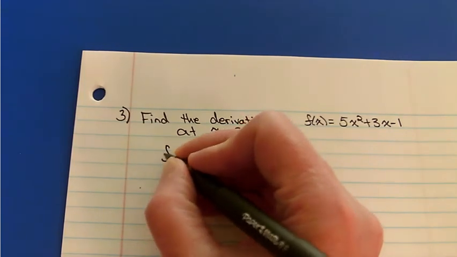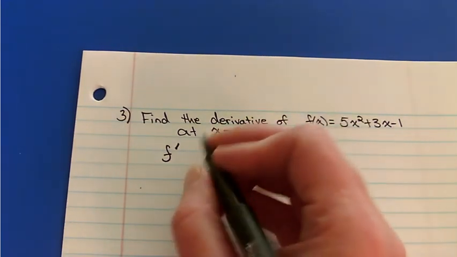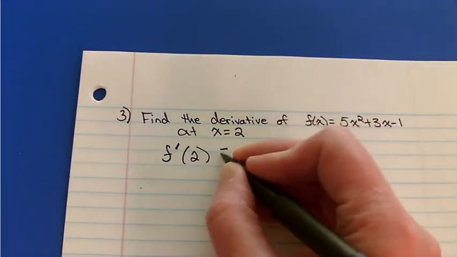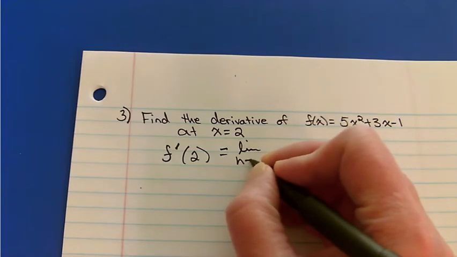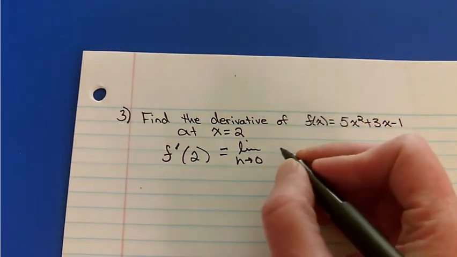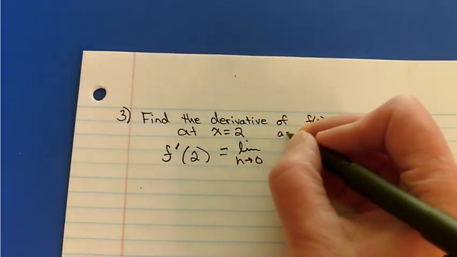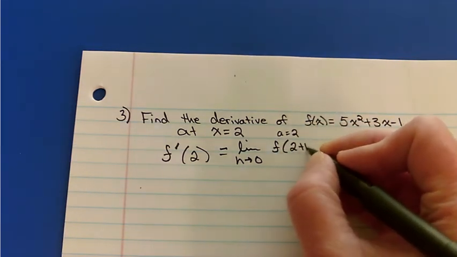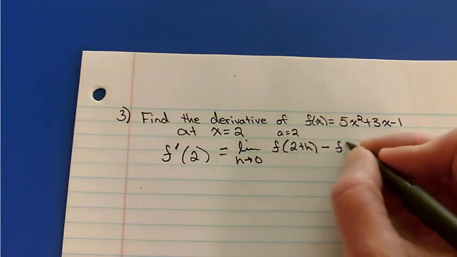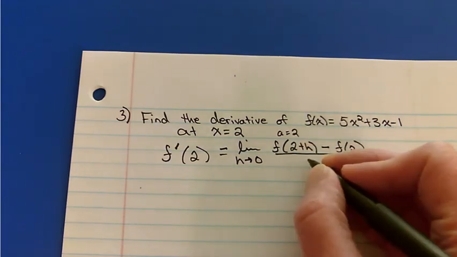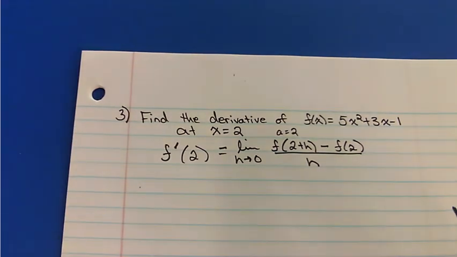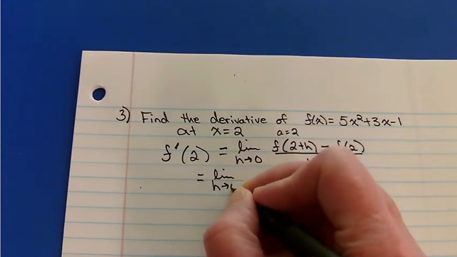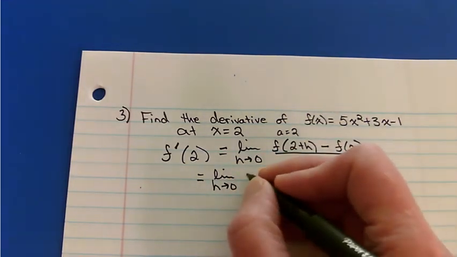So what we're finding is f prime of 2, that's how we usually say it, is going to be the limit as h approaches 0. So this is my a. So I'm going to have to do f of 2 plus h minus f of 2 over h. 2 plus h goes in for all the x's.